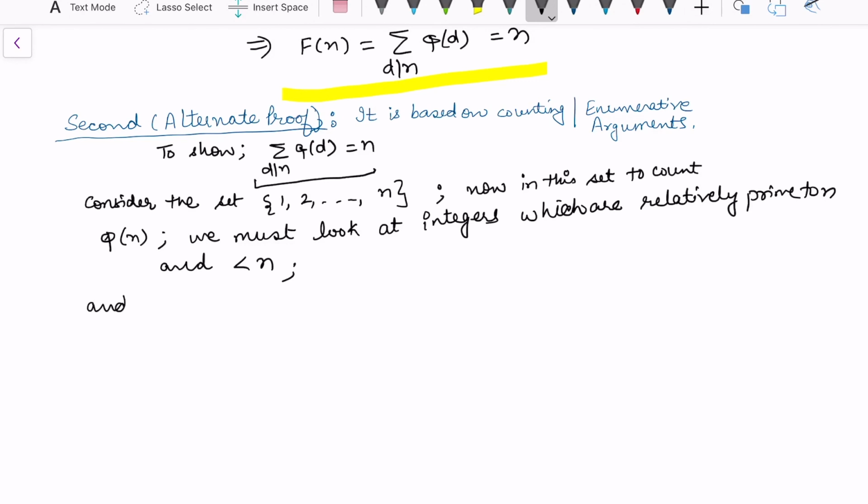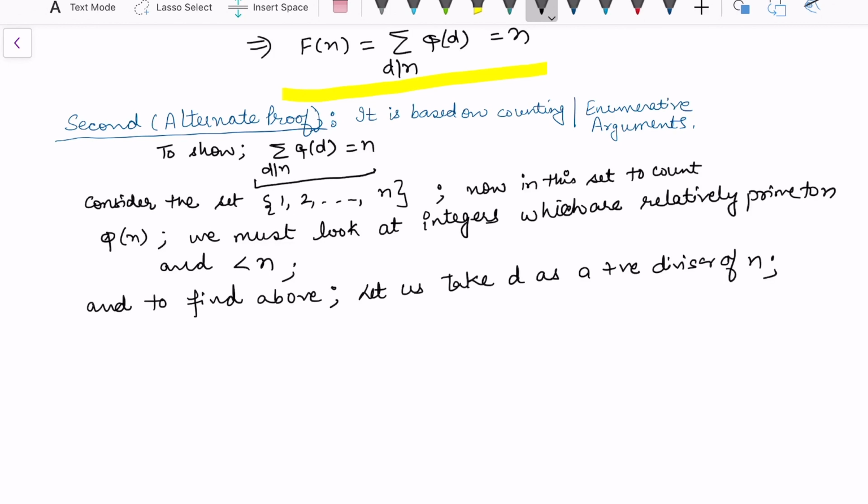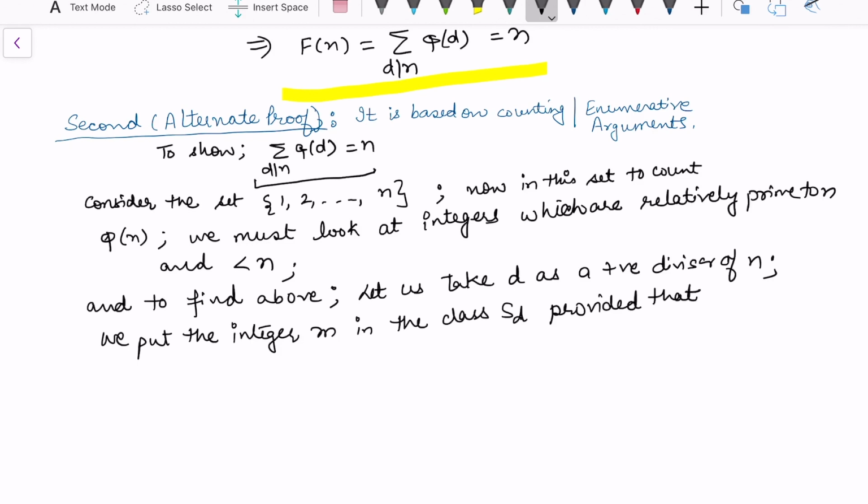To do that, let us take d as a positive divisor of n, and we put the integer m in the class S_d, provided that GCD of m and n is equal to d.